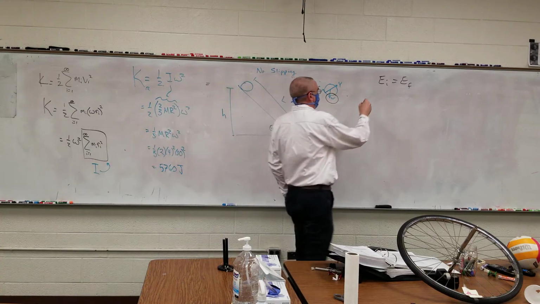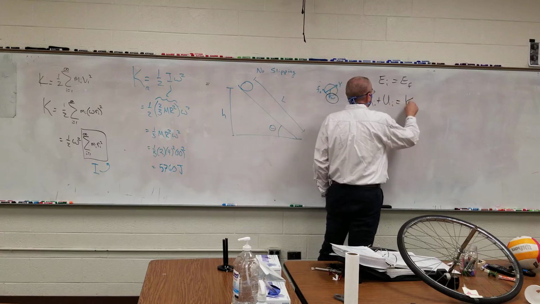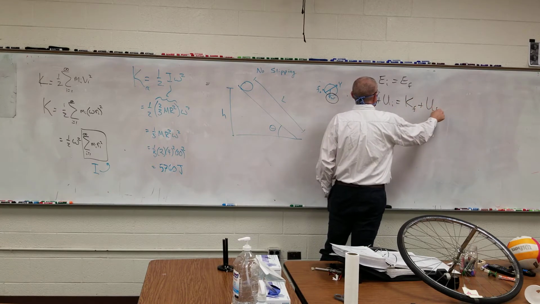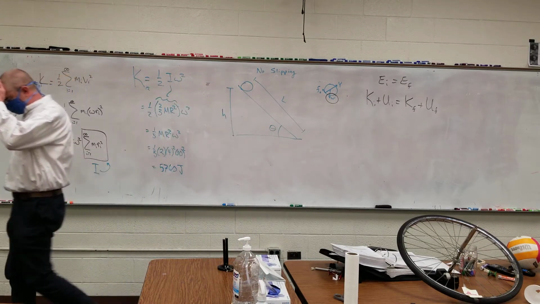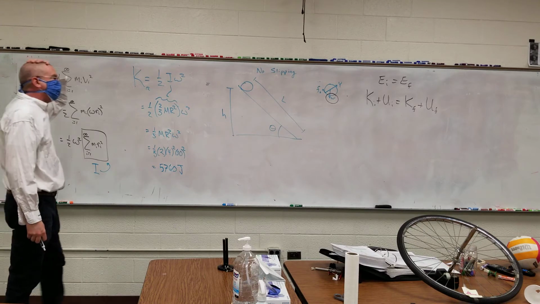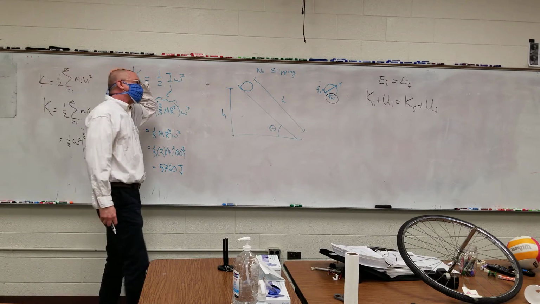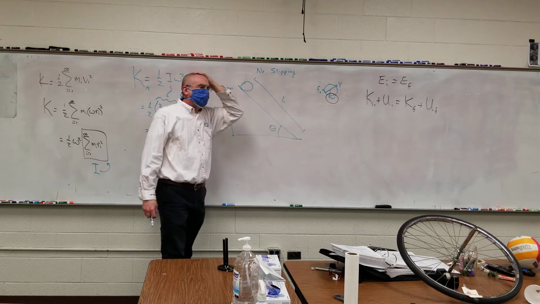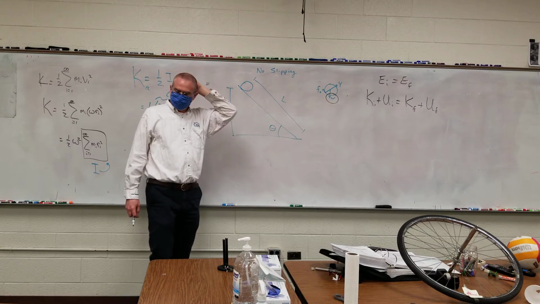And so we've got initial kinetic plus initial potential equals final kinetic plus final potential. Now, this whole thing about the kinetic, I'm going to explain it one way and then justify it after the fact.